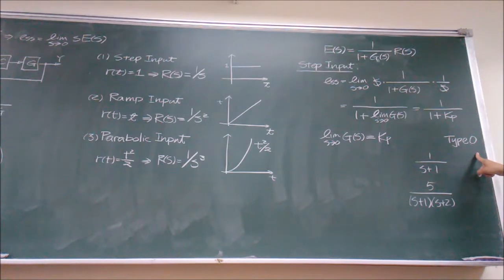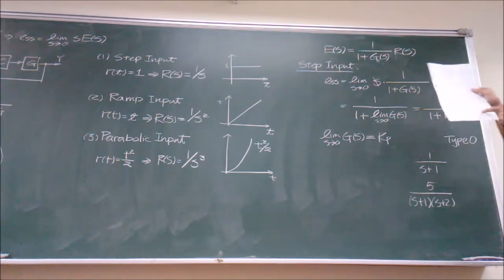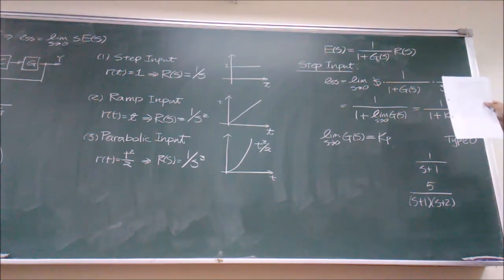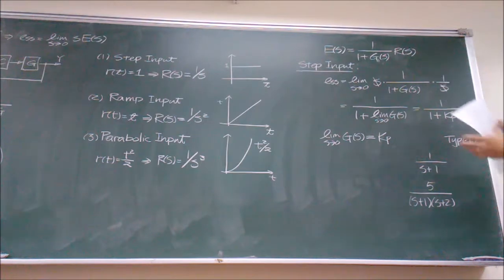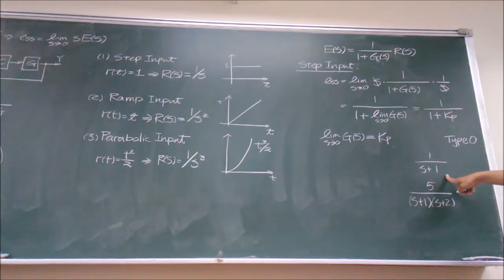Type 0 means we do not have any integrator. If we do have one integrator in the system, it becomes type 1. If we have 2 integrators, okay, good. So in the table in your notes, you can see type 0, type 1, type 2.